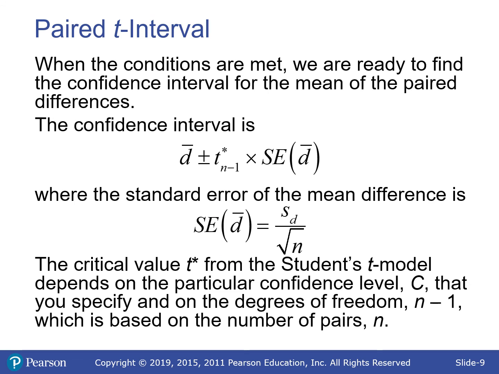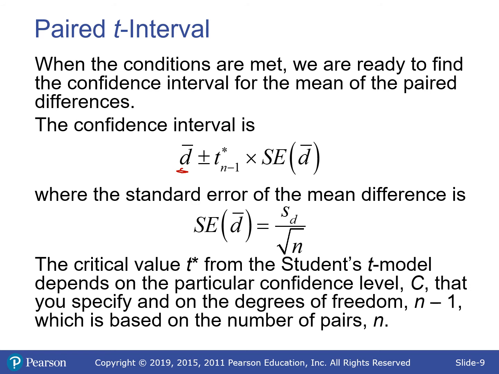The t interval, same thing, same conditions. It's the mean of the differences plus or minus the t star times the standard error of the differences. Again, you're not going to use this formula. You're going to plug it into your calculator. It's just a one sample t interval. And you plug in with the differences.